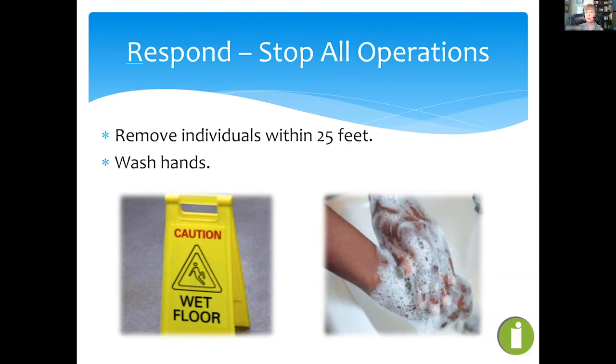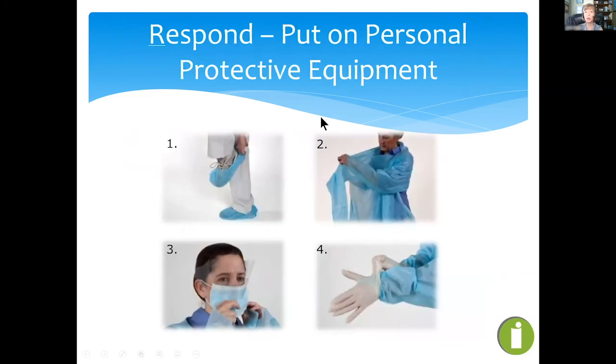We're going to remove any individuals that are in that area and have everybody that's affected wash their hands, because again, every surface in that 25-foot zone is possibly contaminated. The next thing that we're doing is putting on our personal protective equipment, including our shoe covers, our gown, our mask, and then these really all-important gloves, so that you're protected for doing this.